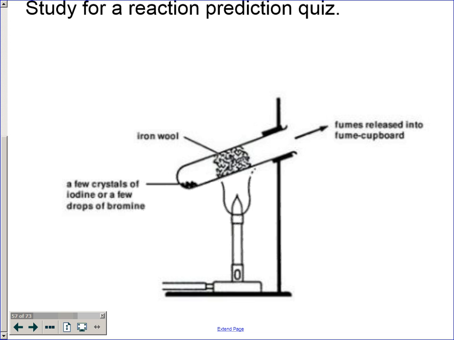How do we light that, or how do we set up the Bunsen burner? Go ahead and talk in your groups first.